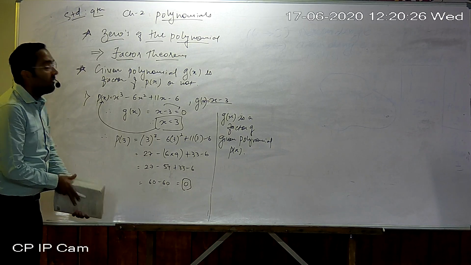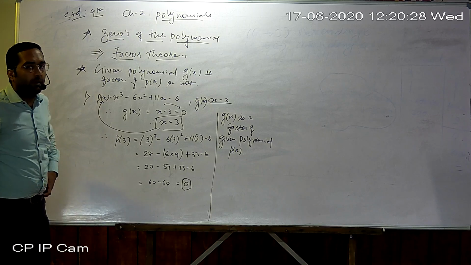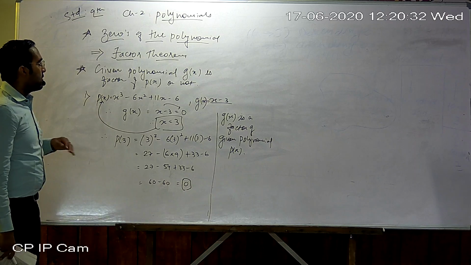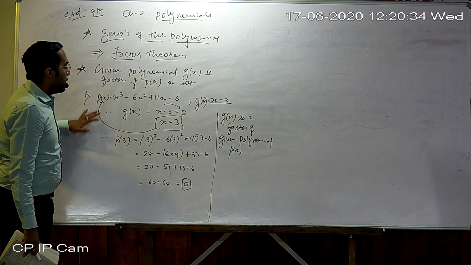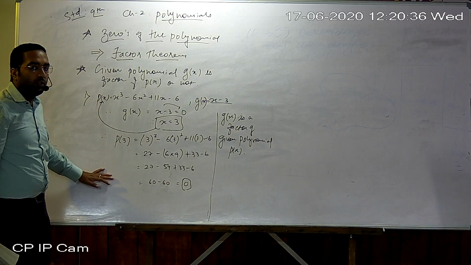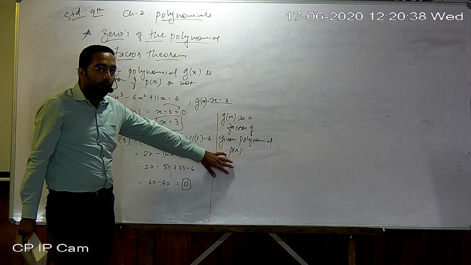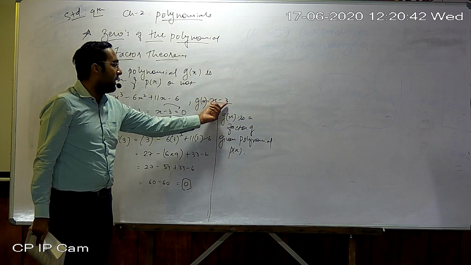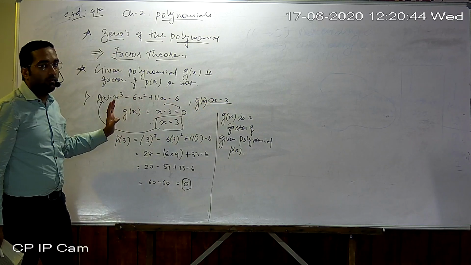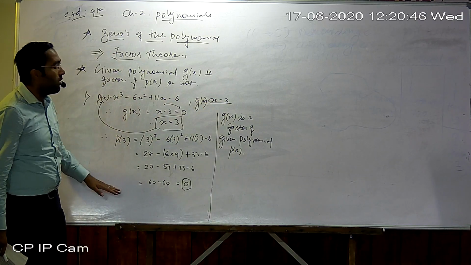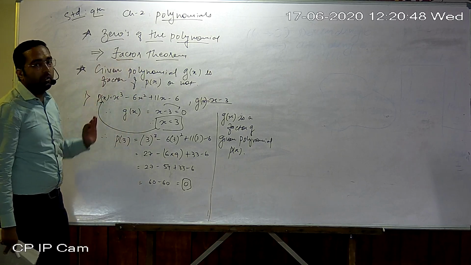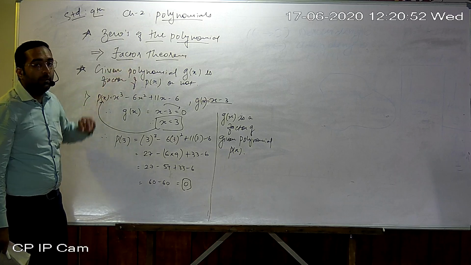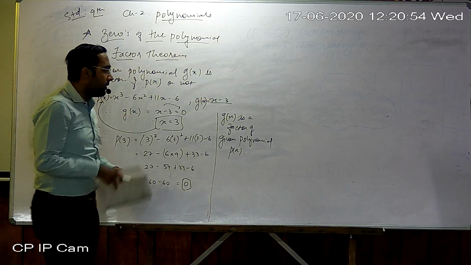This kind of sum we already learned in the previous lectures. So using this method, we found whether the given polynomial g of x is a factor of p of x or not. This method is also called the factor theorem.